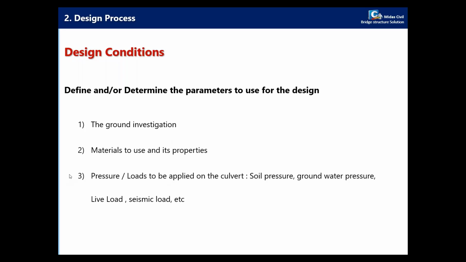After that, we need to analyze what kind of load will be applied on the culvert. In our case, we are going to analyze different pressures applied on the culvert. So we have soil pressure, groundwater pressure, live load, as you know, the moving load, and then seismic load.